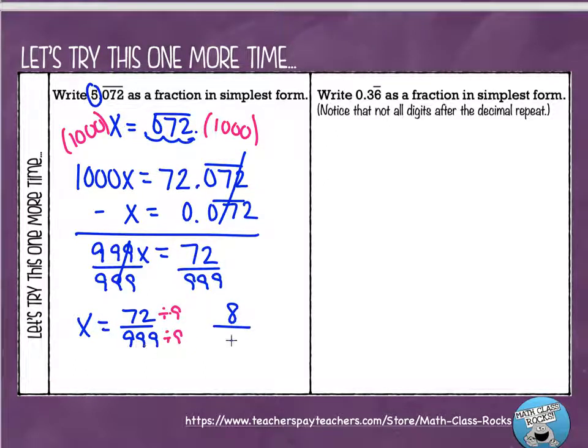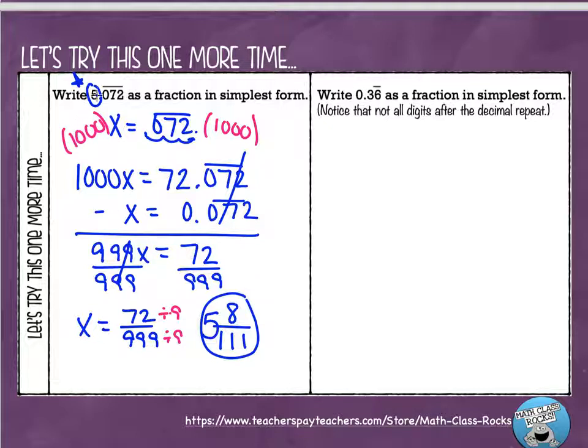And 999 divided by 9 equals 111. So 8 over 111. However, let's not forget about this 5 up here, right? So I have to bring that 5 down, and it's 5 and 8 over 111, right?